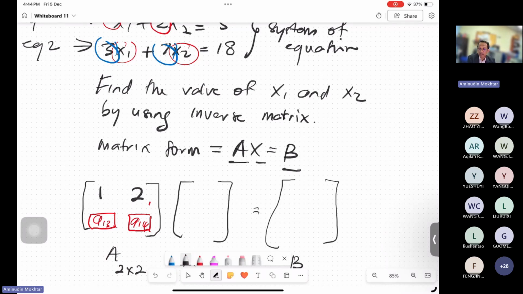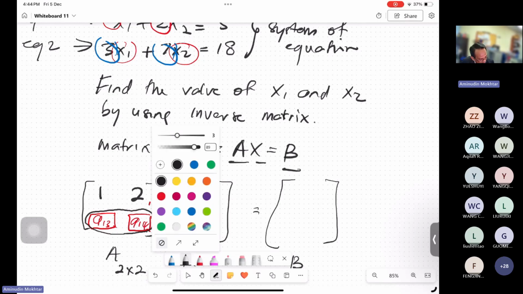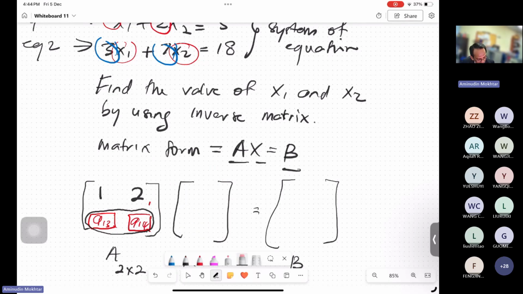If you have any question, just let me know. Same goes for the second row of A. This is not A13, of course, it is A21 and A22.